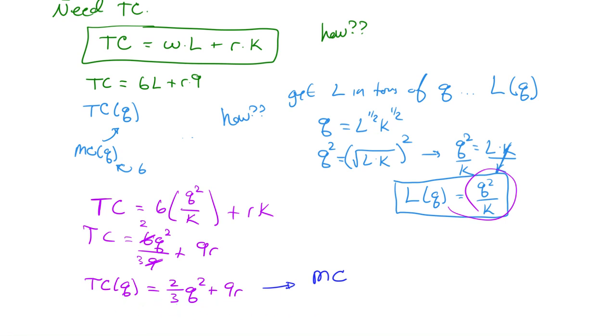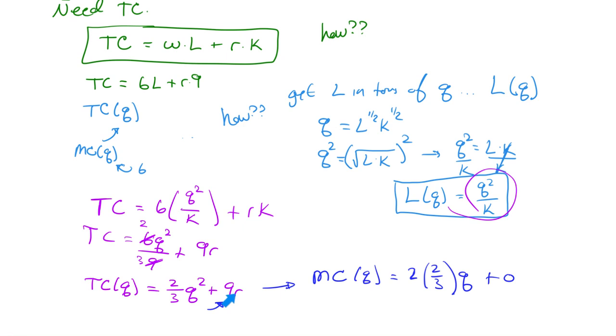And so our first derivative of this function, my marginal cost as a function of quantity, I'm going to bring that 2 down from the exponent. So it's going to be 2 times 2 over 3 Q plus 0 if you really want, right? Because how is total cost changing when 9R changes? Well, 9R does not change, right?